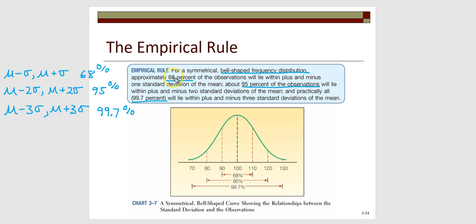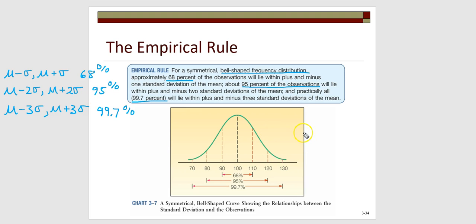Now it's important to note that the empirical rule only applies to normally distributed data or nice bell-shaped data. It's also important to note that these numbers 68, 95, 99.7 are only approximations. The amount of data lying within, let's say, 2 standard deviations is approximately 95%. It could be a little less or it could be a little more for any particular data set.